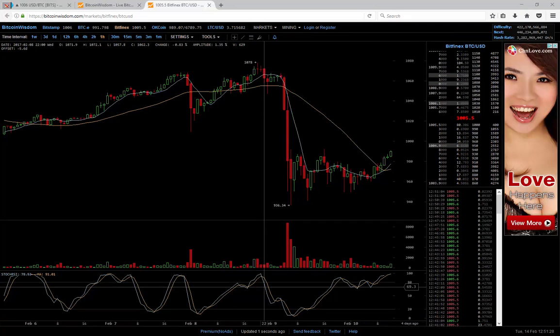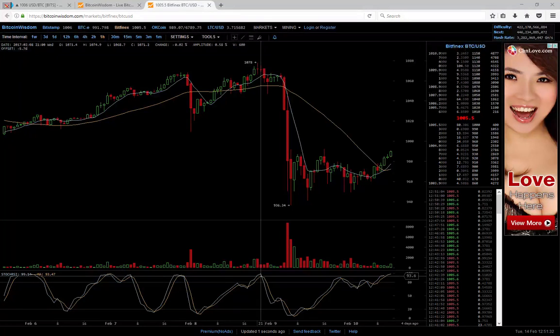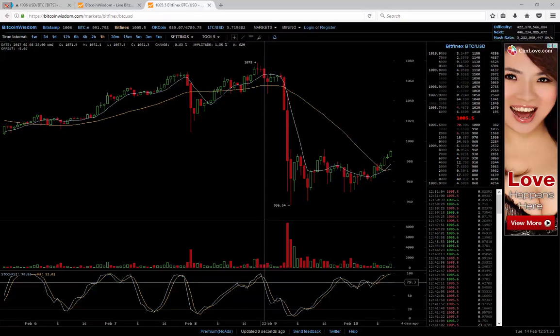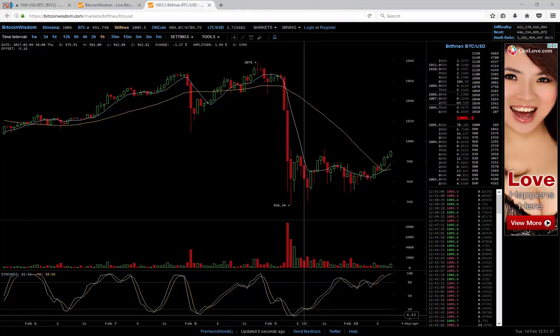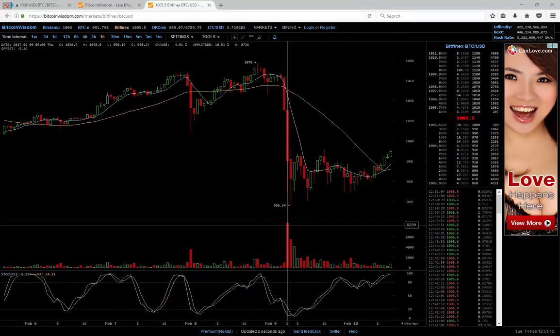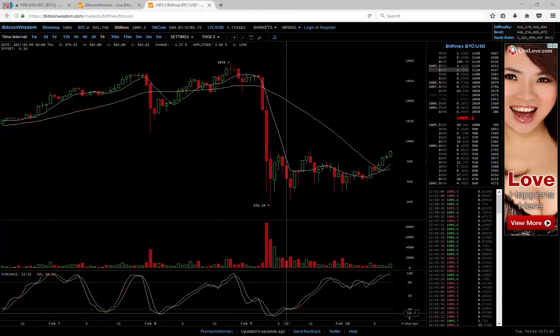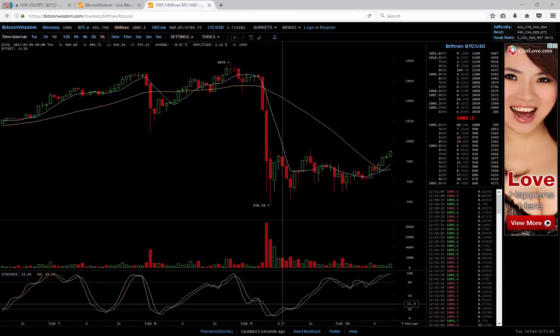And then you have the percent D line. Generally when the percent K line is falling, it means that momentum is also falling, and vice versa. So you can use this to help decipher where the bottom is and to see when there's a change in momentum.